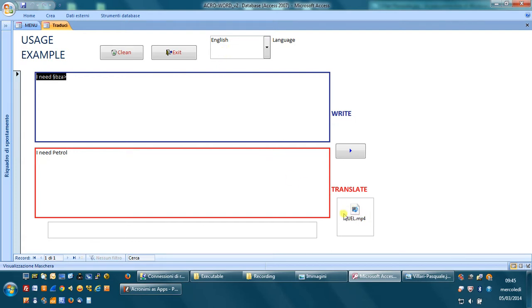The same happens also here, where we have introduced an attached media object, an MP4, so this is a video. Here, I repeat, it is only a prototype.